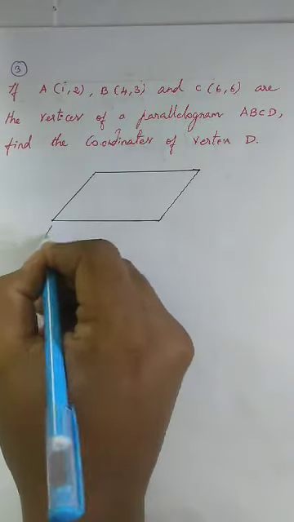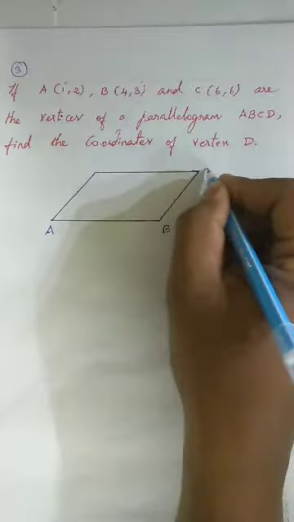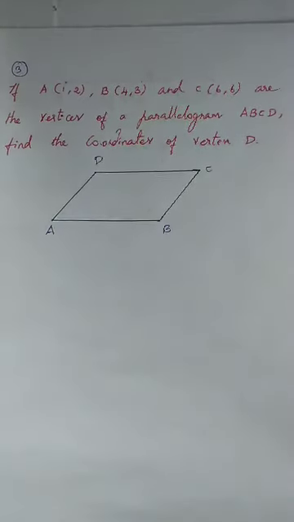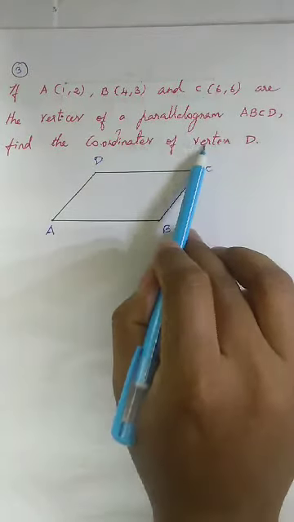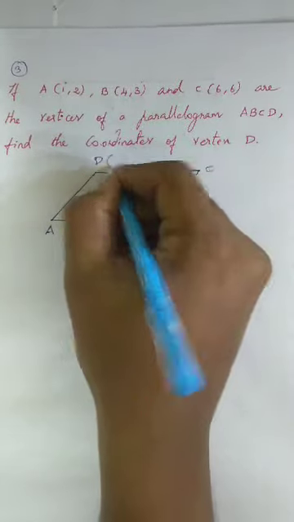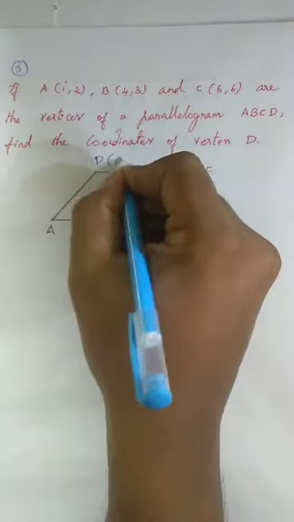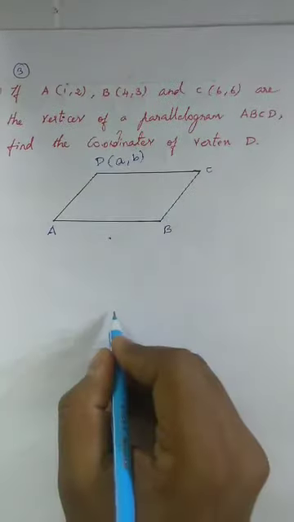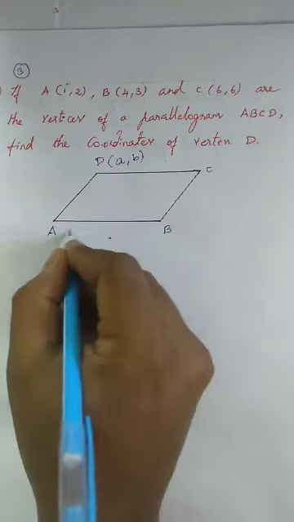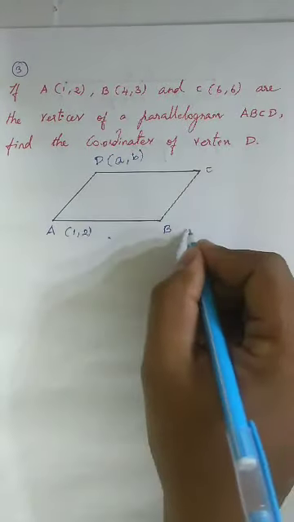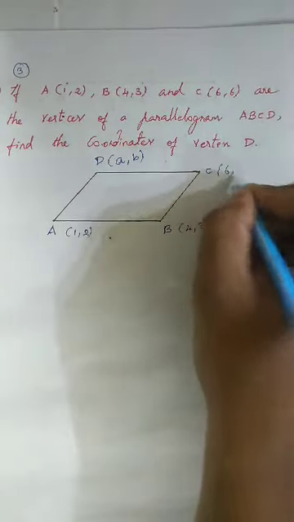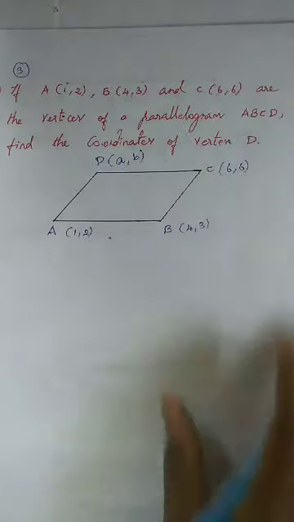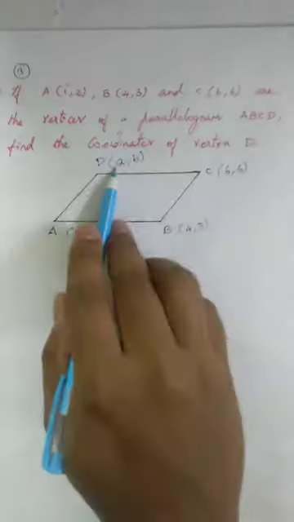So I am mentioning here A, B, C, D. We have to find vertex D. We don't know its value, so I am taking it as A comma B. From the given question, A is 1 comma 2, B is 4 comma 3 and C is 6 comma 6.